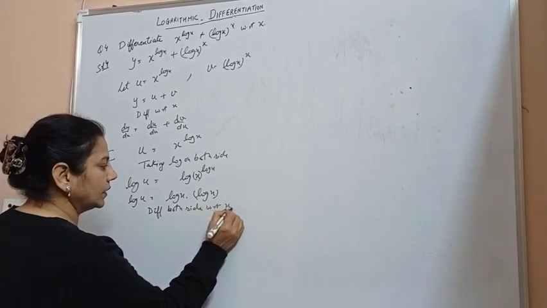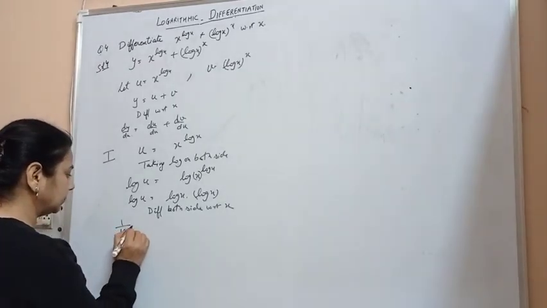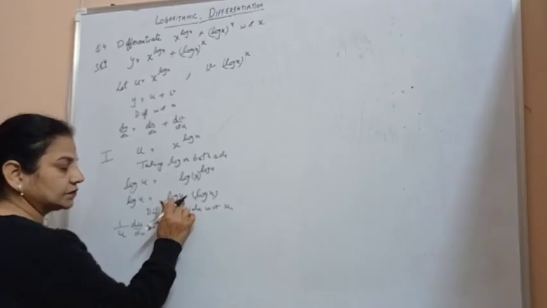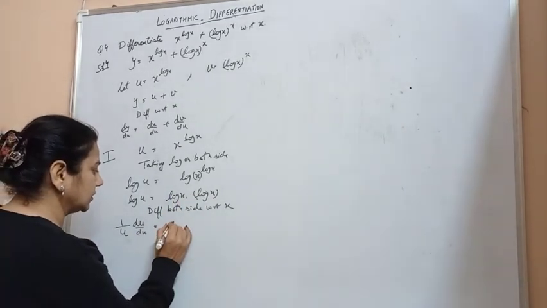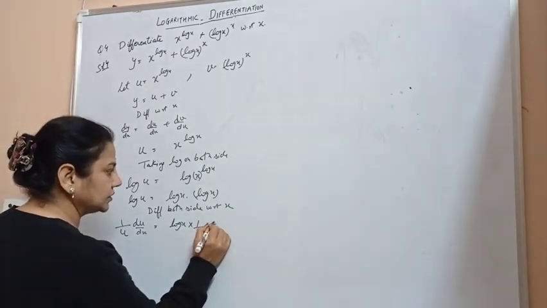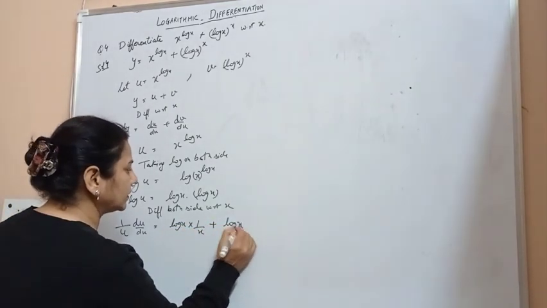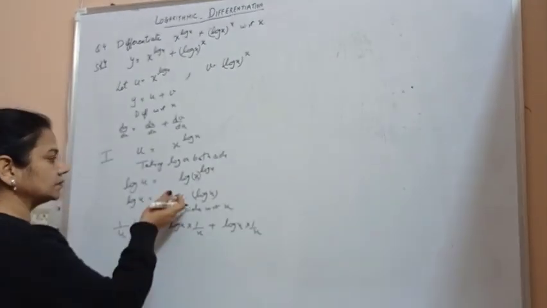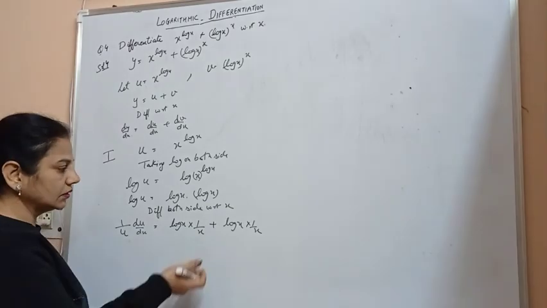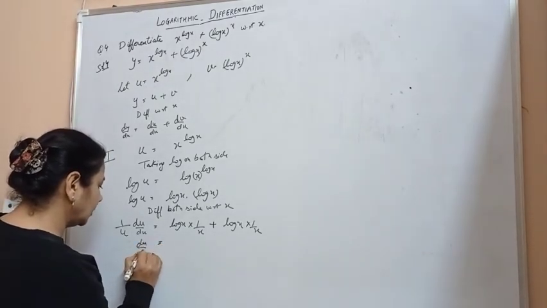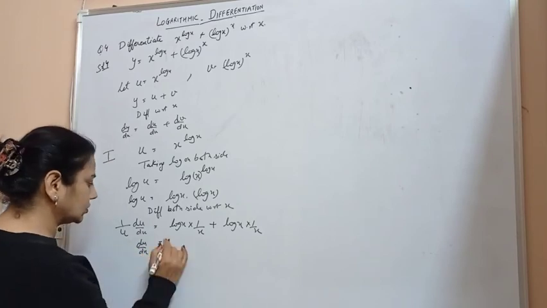This gives the result as 1 by u du by dx is equal to first function into derivative of second function, plus second function into derivative of first function. As this has become (log x) whole square, we get the same thing again. So du by dx, u goes forward.